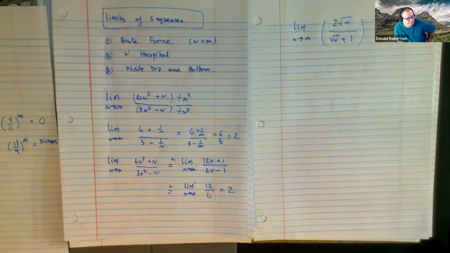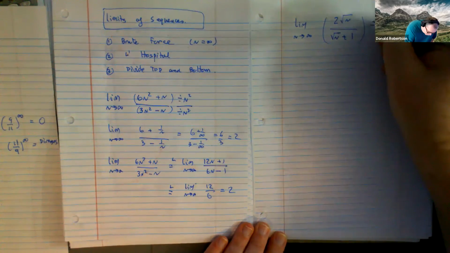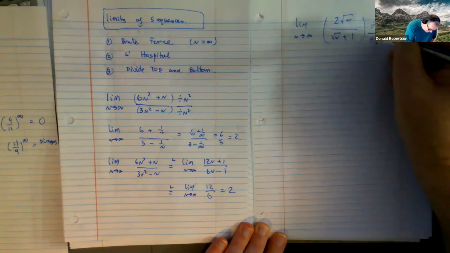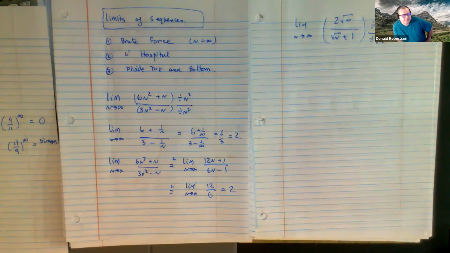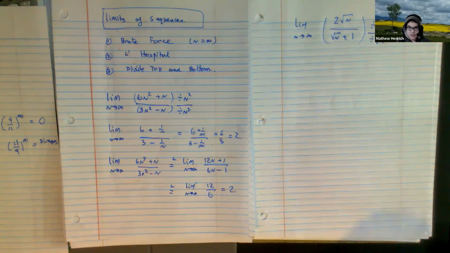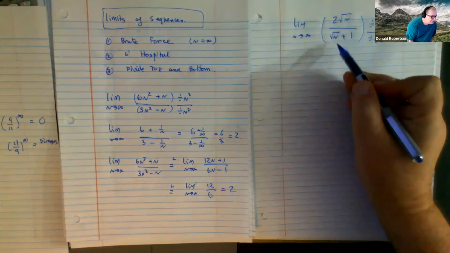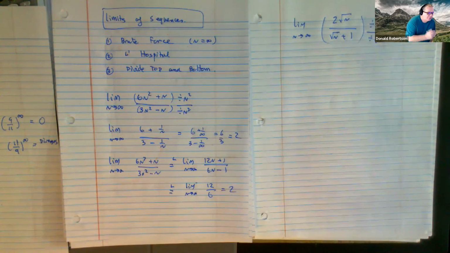Divide the top and bottom by square root n. Why did you choose the square root n? Because that's the only term with n in it. Yeah, pretty much. If that had been 2n squared over n squared plus 1, wouldn't all of you say, yeah, divide the top and bottom by n squared?